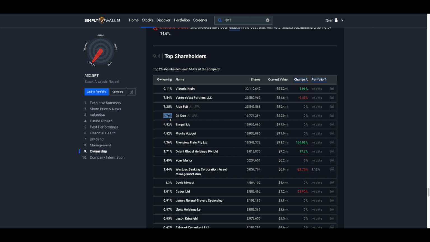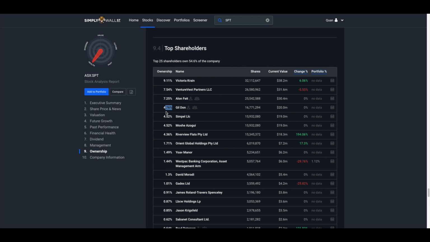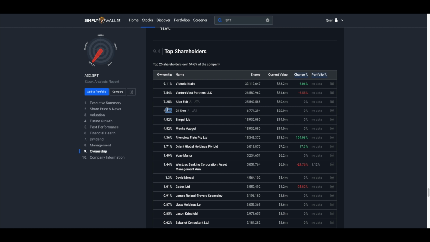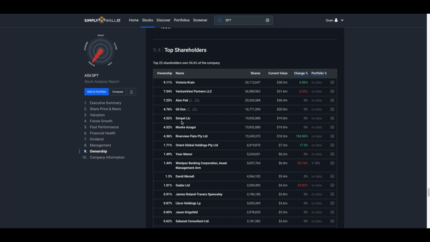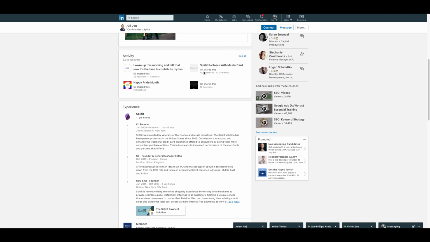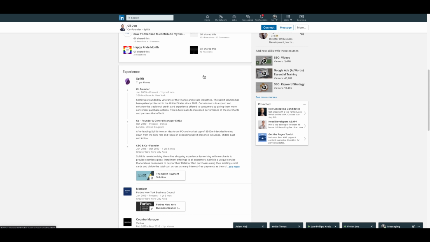But obviously they have a professional CEO on the board now, and this is the co-founder along with Gil, and there's only about 11% ownership. So Victoria and Venture Vest and the chairman basically can tell them exactly what to do and how to operate. I don't necessarily think that's a really good way to start a company. And yeah, I personally don't like that at all, to be honest. That's a bit of a deal breaker for me.